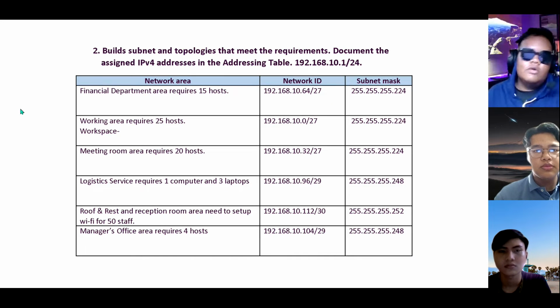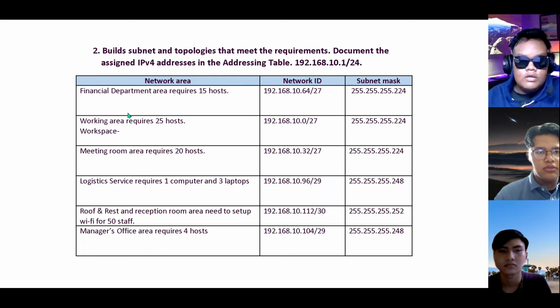So the network ID is 192.168.10.24/27, and the subnet mask is 255.255.255.224. Other than that, the working area requires 25 hosts. The network ID is 192.168.10.0/27, and the subnet mask is the same as the financial department.